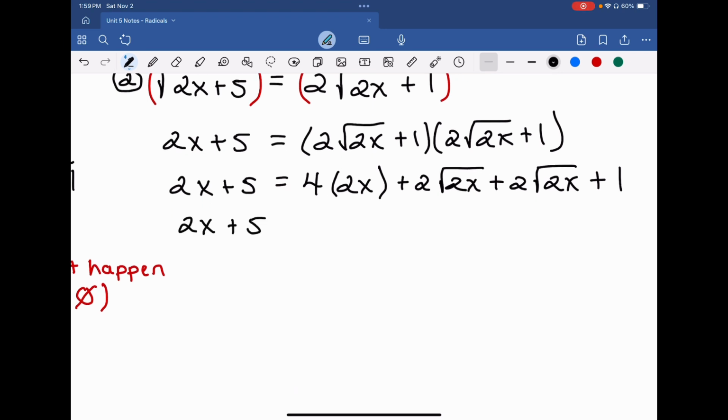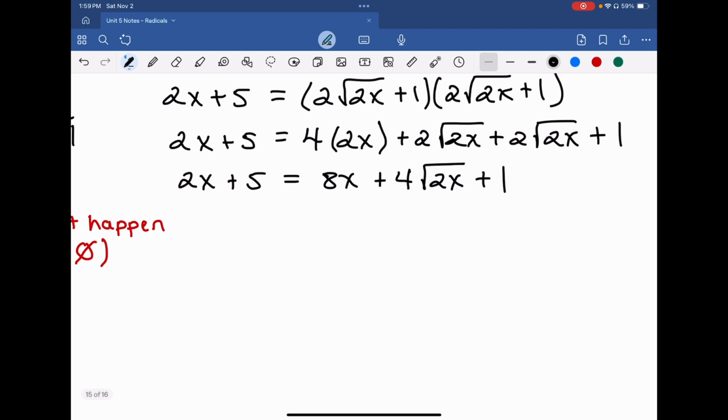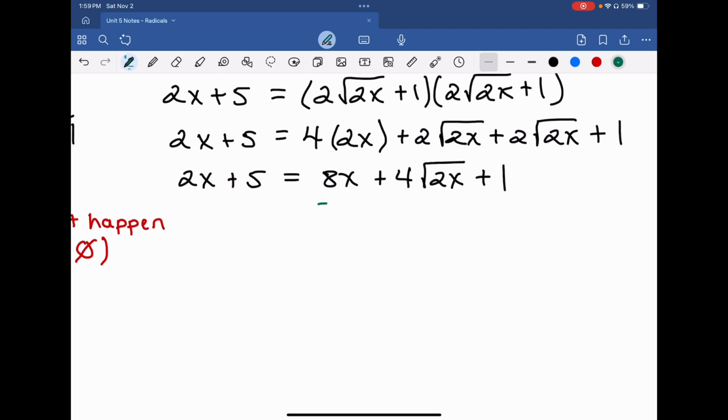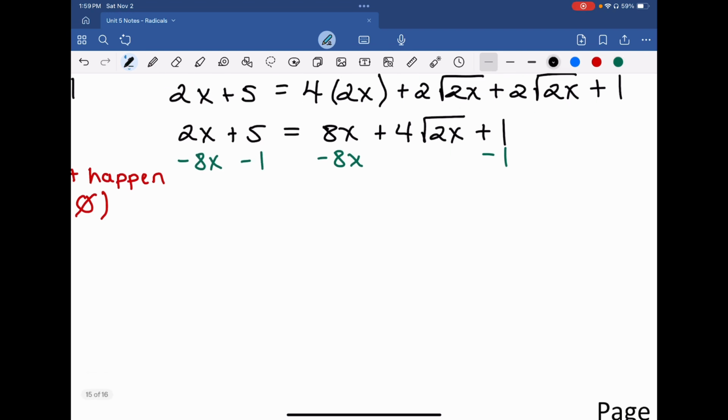We have 2x plus 5 is equal to 8x plus 4 square root of 2x plus 1 because we put together our like terms. I'm going to take these two terms, 8x and 1, and bring them over to the other side. So minus 8x and then minus 1. This is going to end up giving us negative 6x, then plus 4 is equal to 4 square root of 2x.